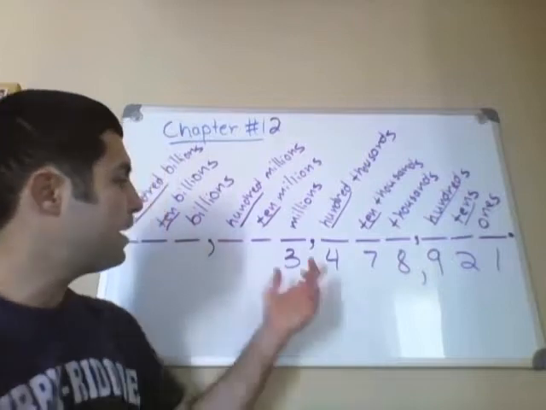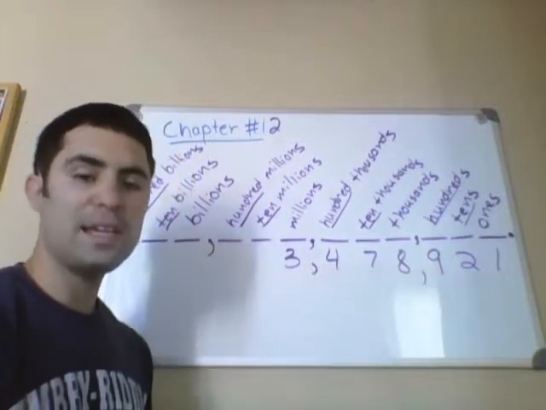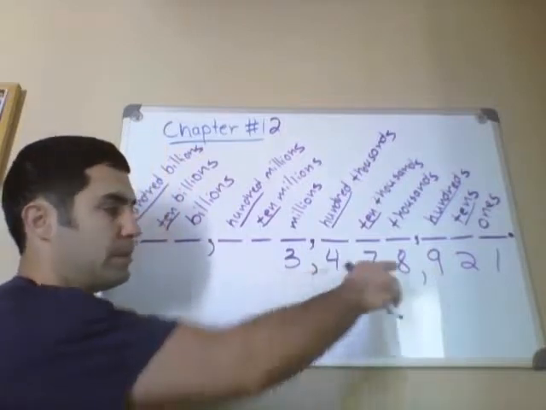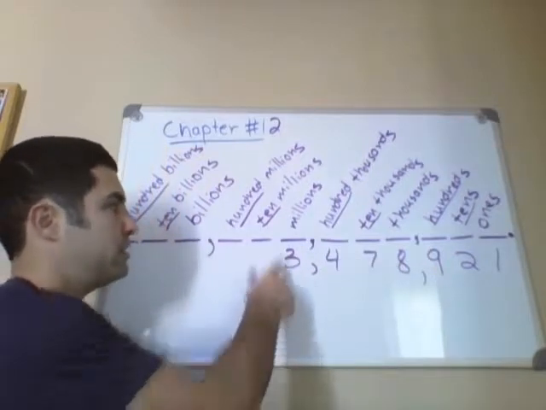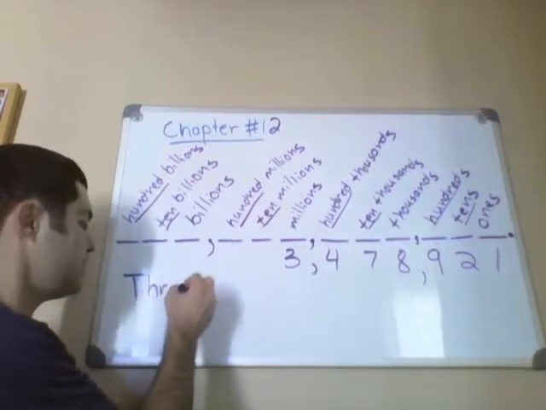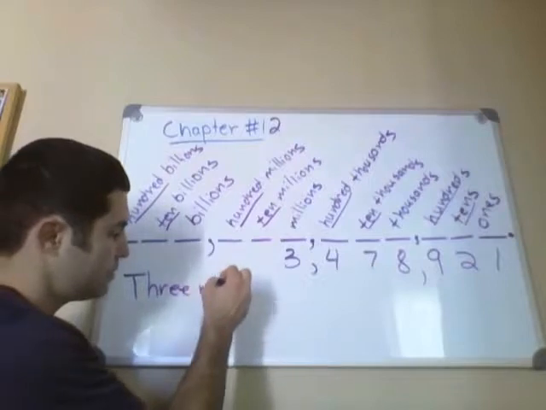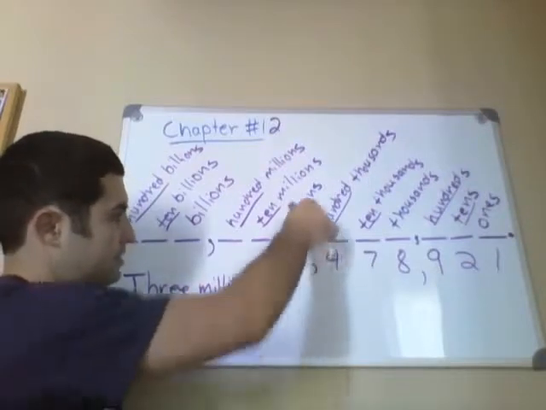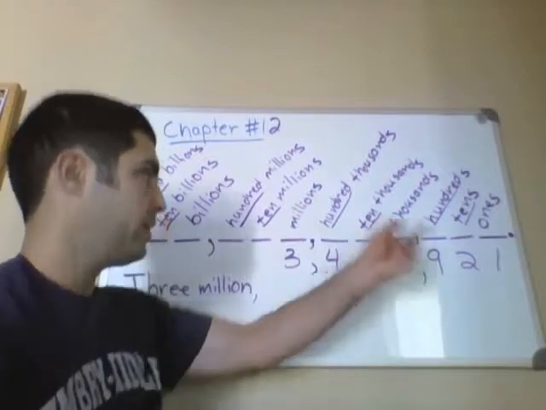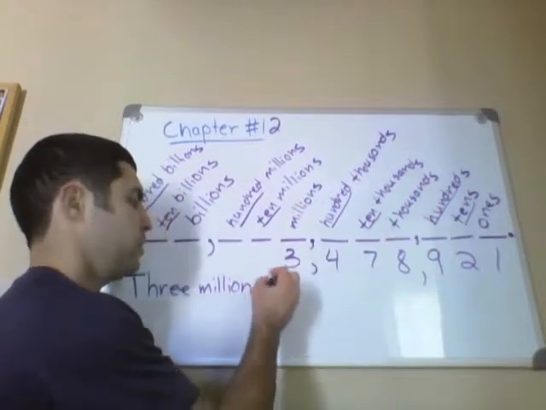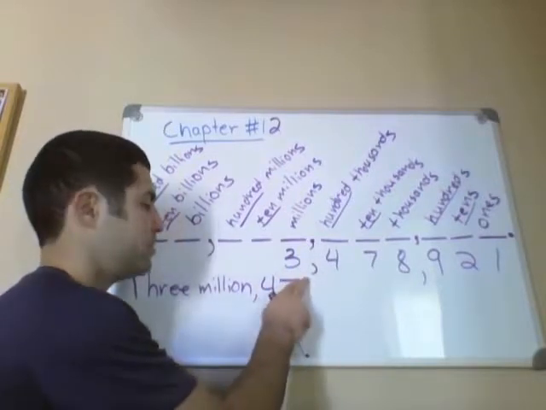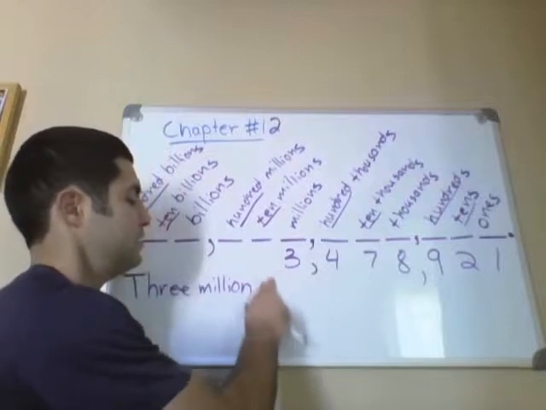Okay, so we're going to go ahead and take this number and write it using words. So you always start from left to right. The first number is in the million spot. So this is going to be 3 million. So now we got this out. The next number is 478,000. So we're going to do 400 and these are not words, these are numbers. So I made a mistake there. Let's write those.